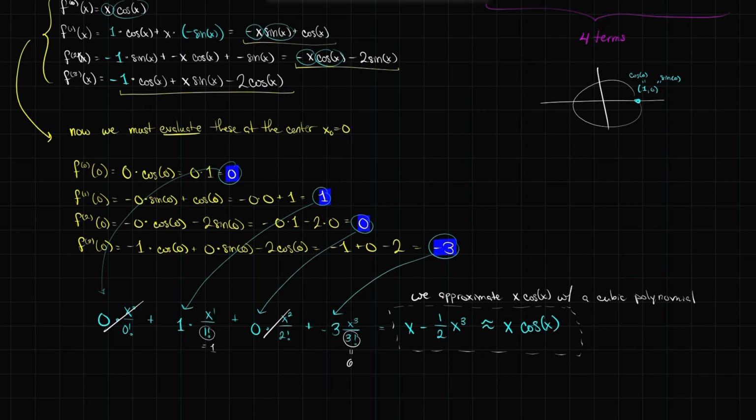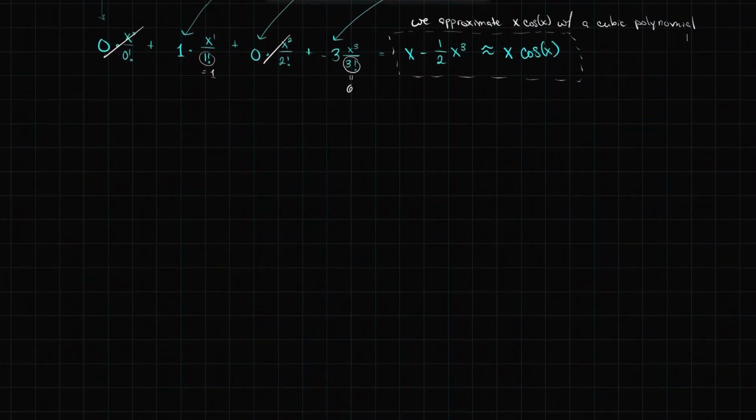Now, what do I mean by approximating with a cubic polynomial? Well, I'll go ahead and provide a plot here. So here we have a plot, and in the cyan in this video, the line here is obviously a cubic polynomial, and then the other line is x cosine x. So what we have here is x cosine x against the cubic polynomial, which is x minus 1/2 x cubed.